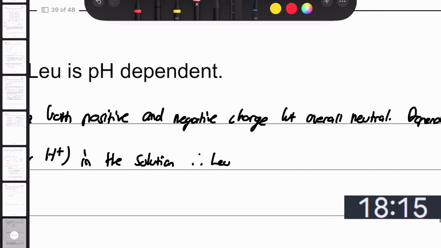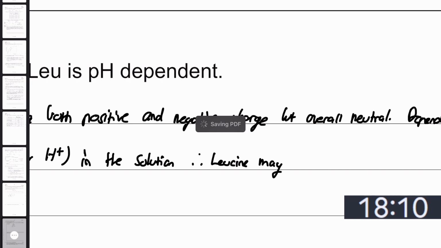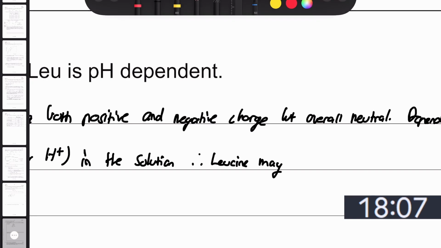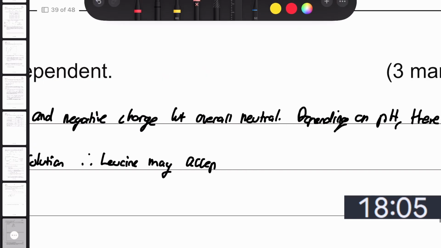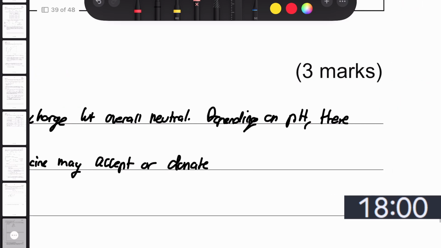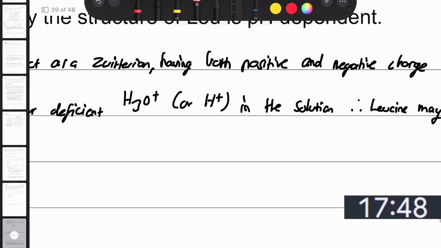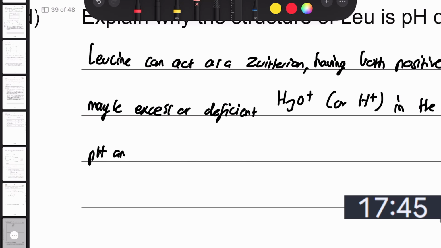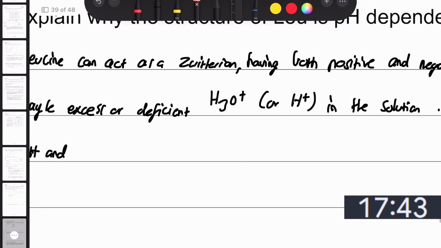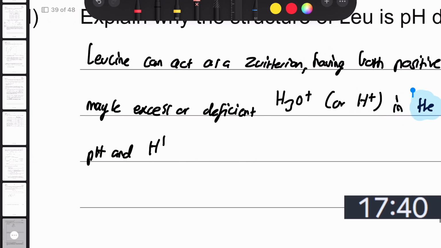Therefore, leucine may accept or donate H plus depending on pH and the H plus concentration.